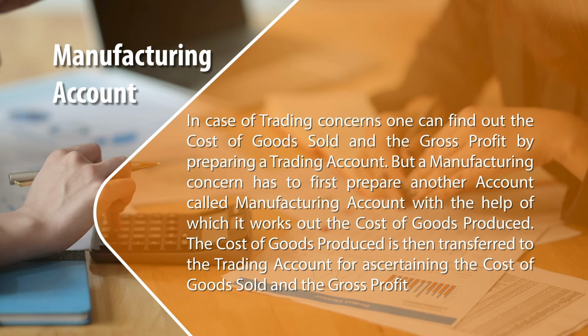But as far as the trading account is concerned, if we prepare the trading account, we can come to know about the cost of goods sold and the amount of gross profit or gross loss. But with the help of the manufacturing account, we can come to know about the cost of goods produced. The cost of goods produced is then finally transferred to the trading account for ascertaining the cost of goods sold and gross profit.